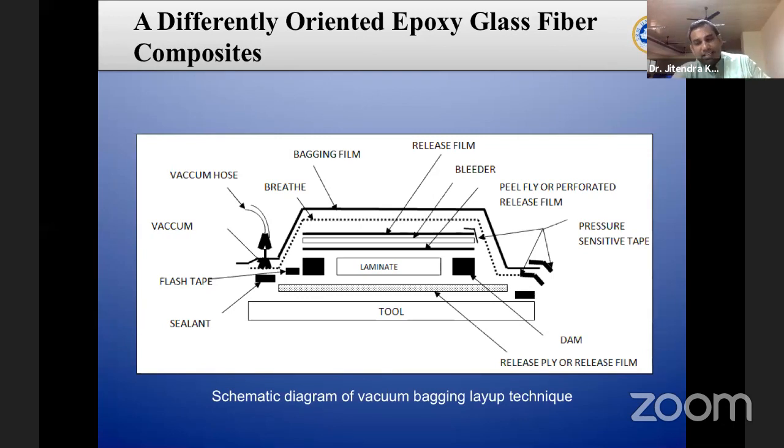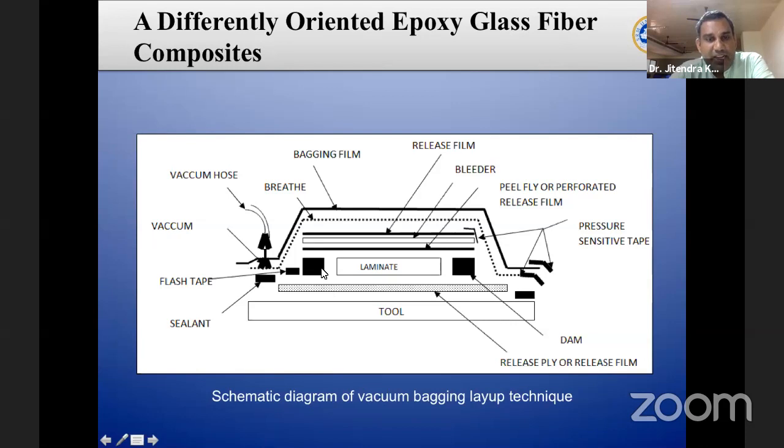layup techniques are basically used to make the composite. Layup technique means you keep your lamina, then apply a layer of epoxy, then again make some layer. You pile it up and make a laminate.